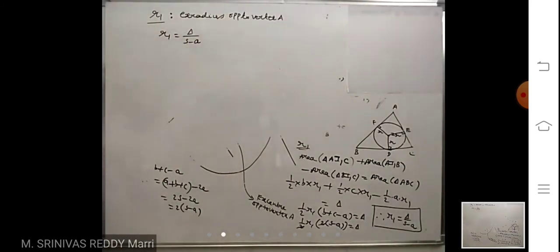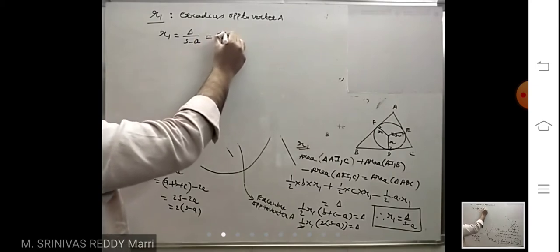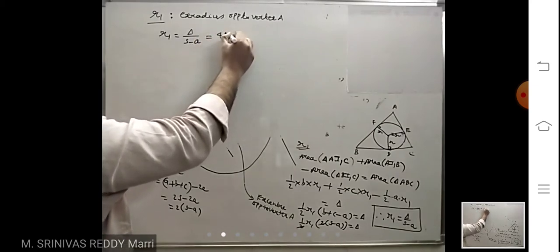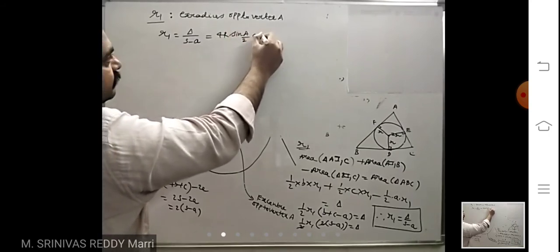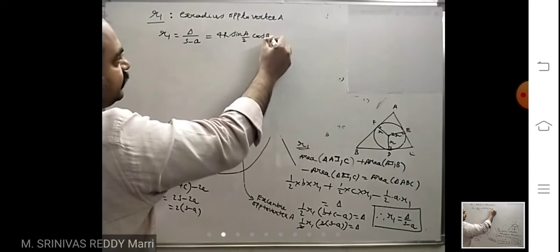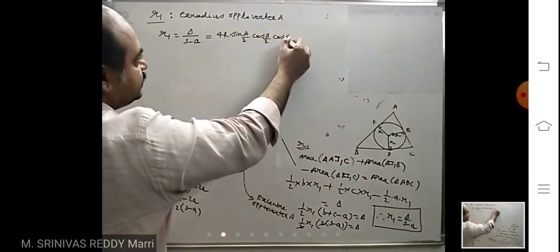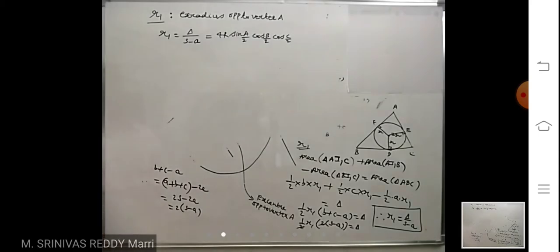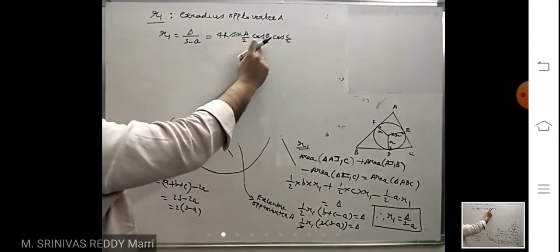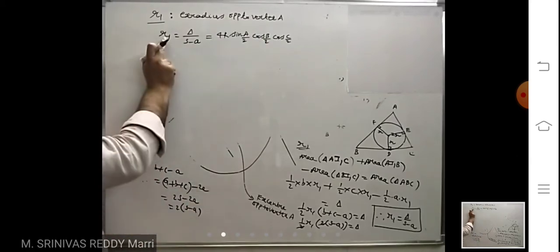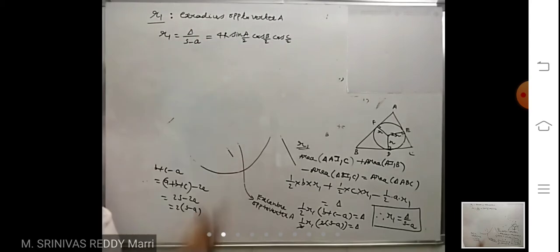One formula. Next, in terms of angles, what you will get is 4R sin A by 2 cos B by 2 cos C by 2. In the previous case, you got 4R sin A by 2, sin B by 2, sin C by 2. For R1, the first one is sin, the remaining are cos.